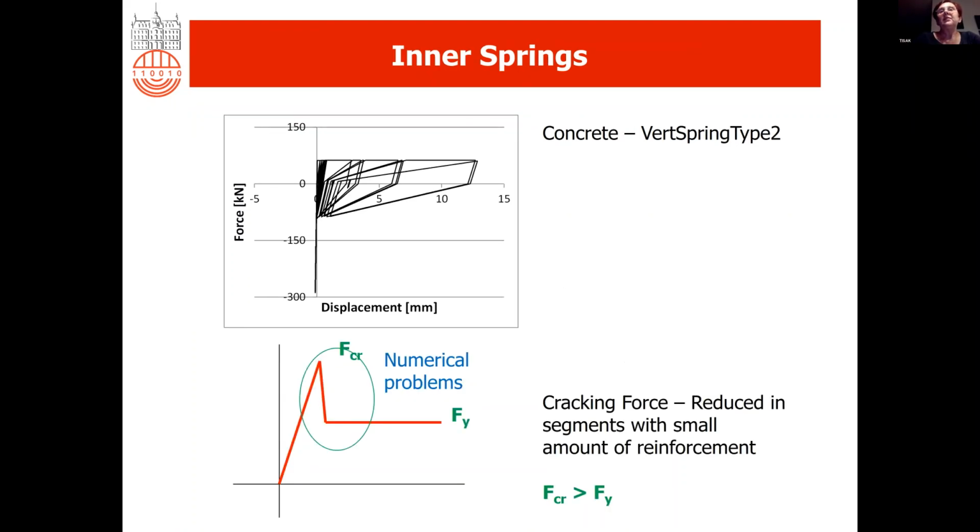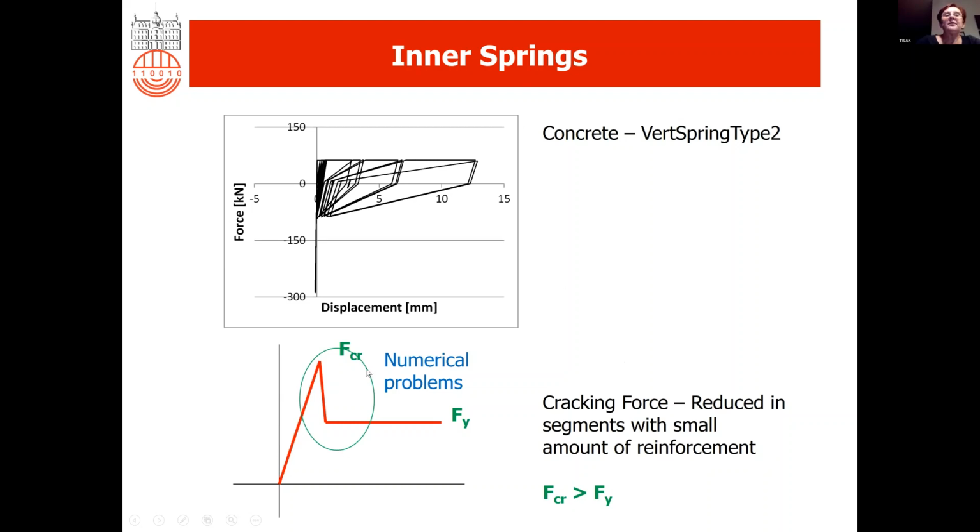Then for the inner springs, where the reinforcement had only a few bars, we used this vertical spring type 2. But what was the problem? In some inner segments, the crack force was larger than the yielding force.